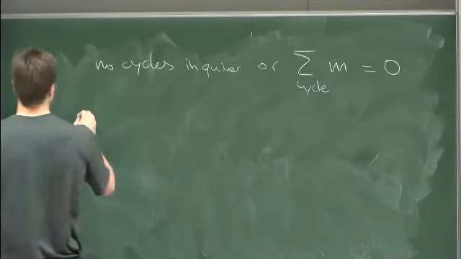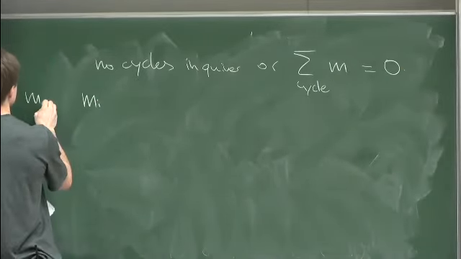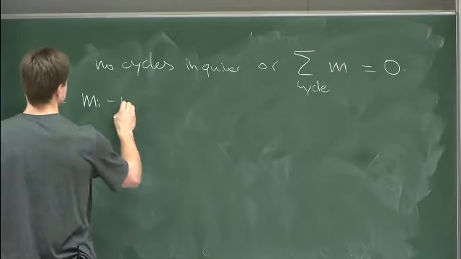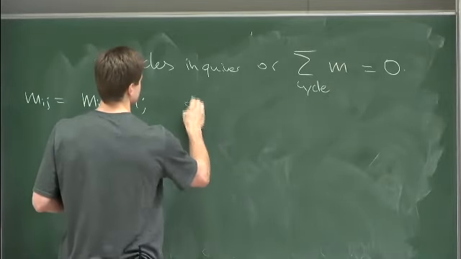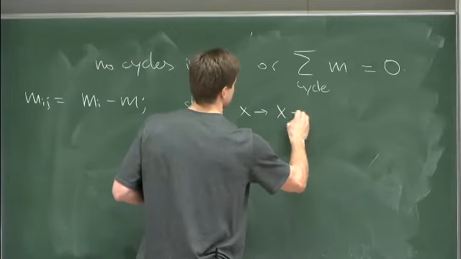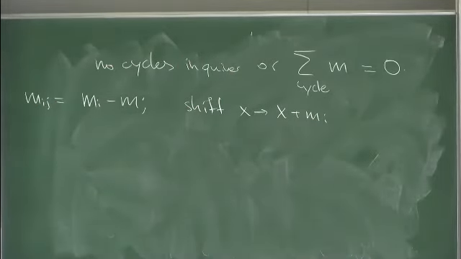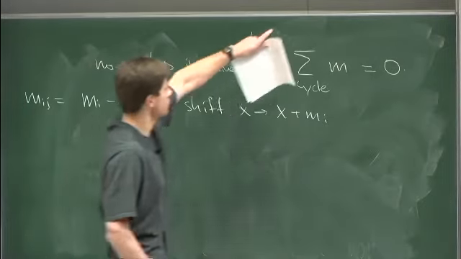Then you can always find such masses m_i that each m_ij is represented as m_i minus m_j, and then you shift x to x plus m_i for each gauge factor to remove the term.